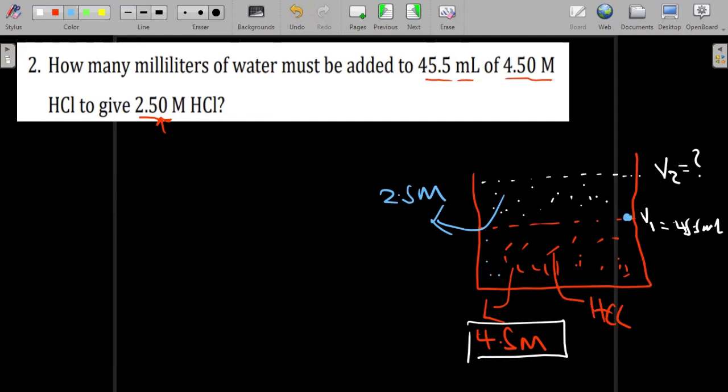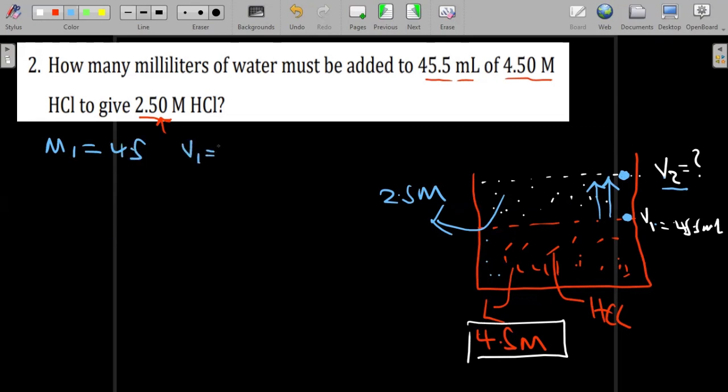From this point where I have my V1 to this point where I have my V2, how are we going to find how much water was added? We're first of all going to calculate our V2, and then once we have our V2, we're going to say V2 minus V1 to know how much water was added. So we're going to say our M1 in this case is just 4.5.